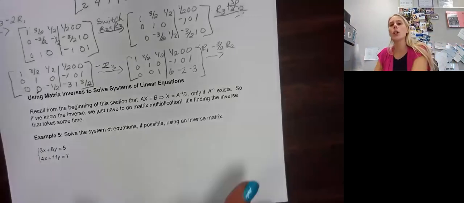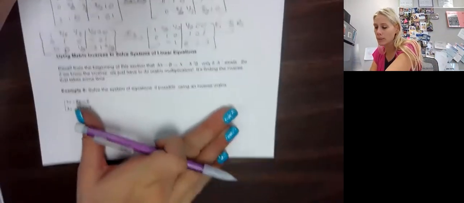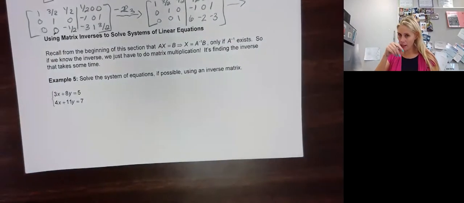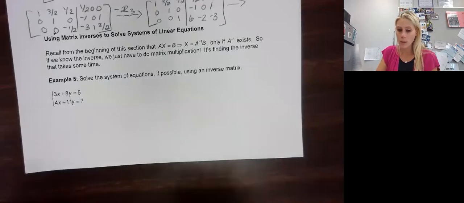Now we're going to actually use this idea of the inverse matrix to solve for our unknowns here, okay? We want to use the inverse matrix if we are given one, okay?